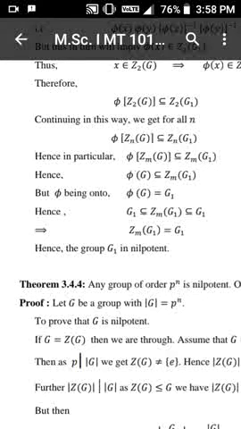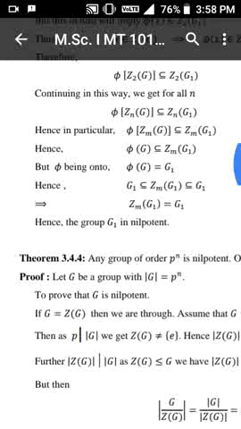Therefore G1 is a subset of φ(Zm(G)), which is a subset of Zm(G1), which is a subset of G1. Therefore Zm(G1) is equal to G1, which proves that G1 is nilpotent, which is a homomorphic image of G, and the homomorphic image of a nilpotent group is a nilpotent group.